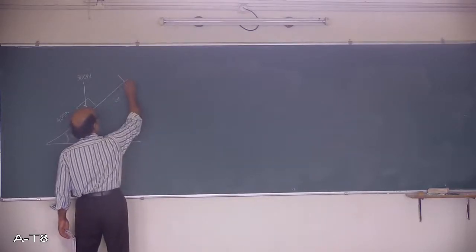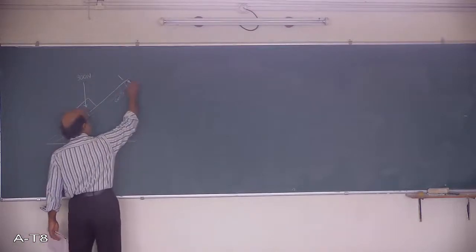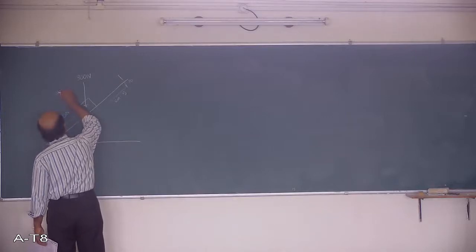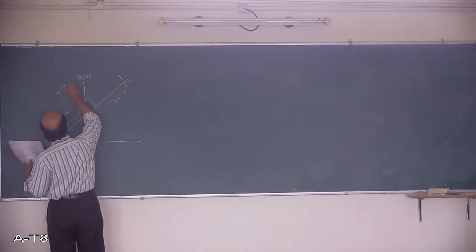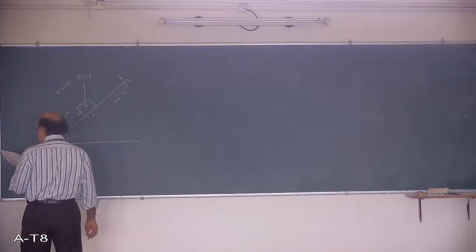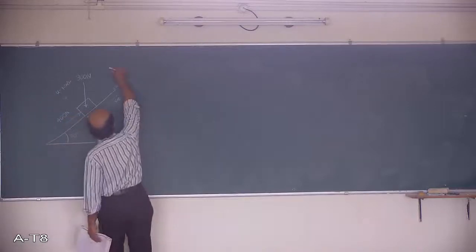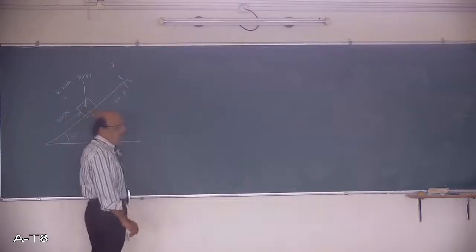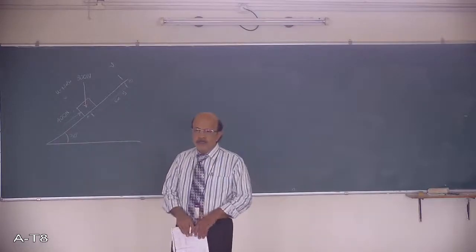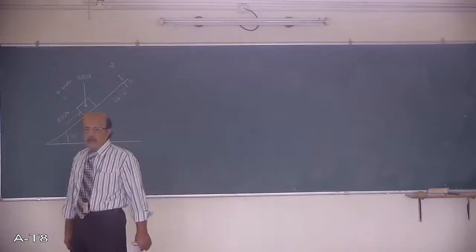From point A to B, the velocity at this point is given, u is equal to 1.5 meters per second. The initial velocity of the block is 1.5 meters per second. And what is V? The velocity at B, after moving 6 meters with this force, is required to be determined by the work energy equation.